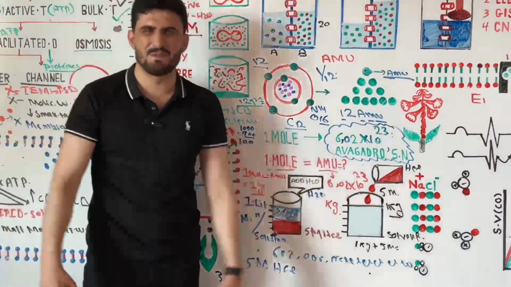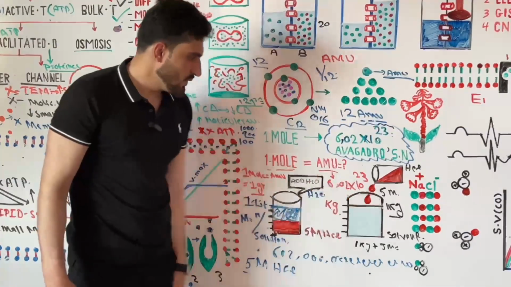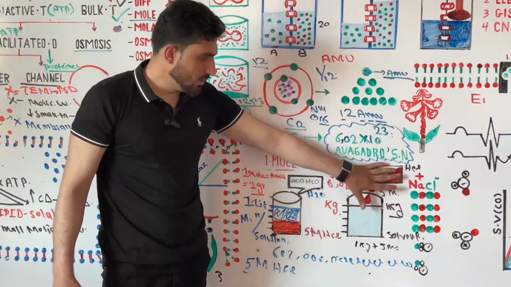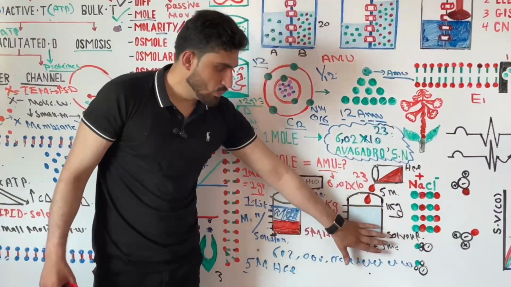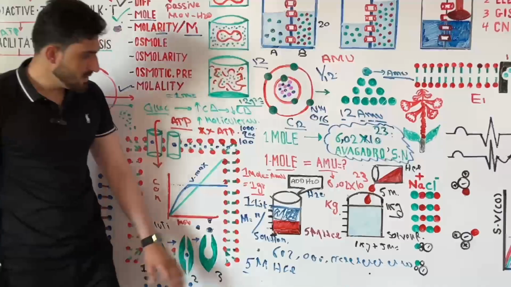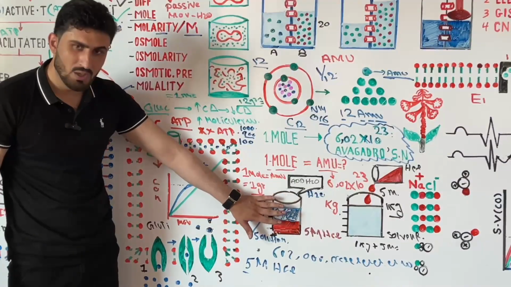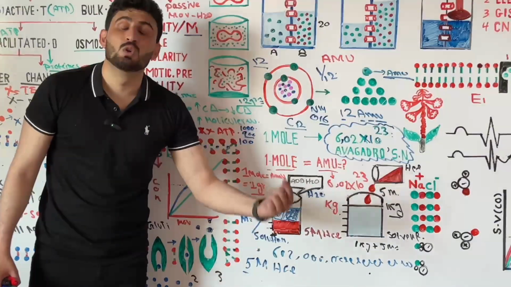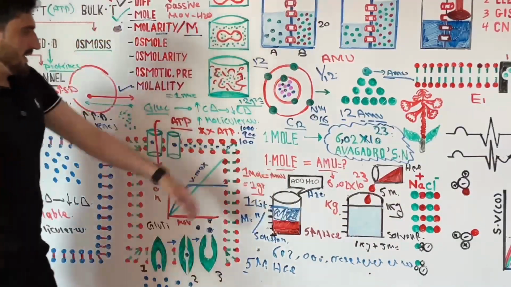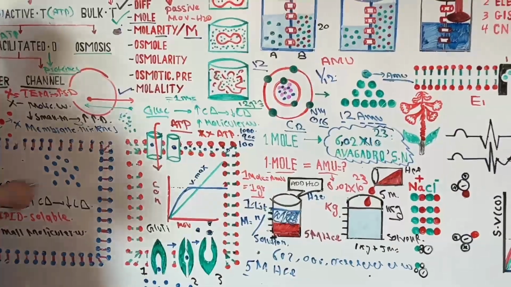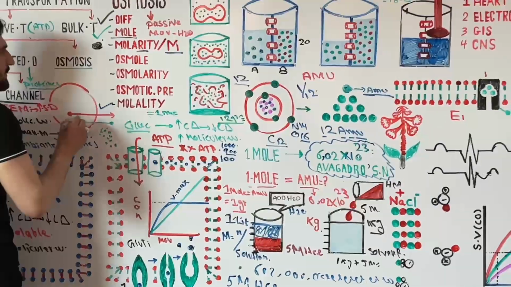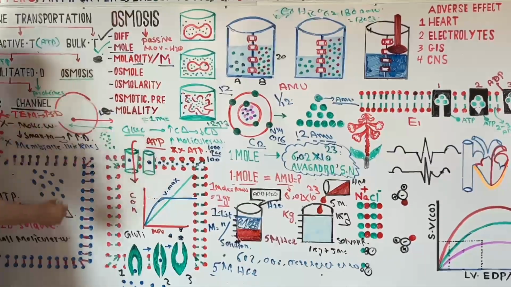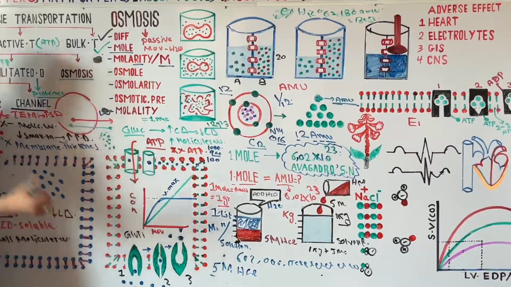This is the big difference between these two: here I have 1 mole of solute per 1 kg of solvent, and there I have 1 mole of solute per 1 liter of solution. So this was a big concept, about molarity and molality. Practically we use molarity, and molality is more accurate.